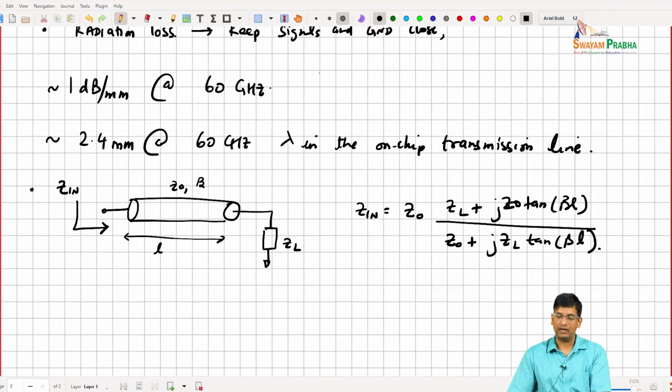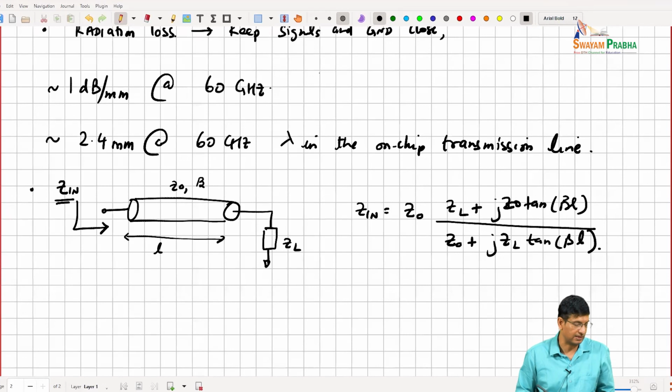Many times what we want are impedance transformations. When we were discussing transistor matching, we saw that if there is a certain load, we want to transform it to the optimum load that we want to see. Transmission lines can help us accomplish that.